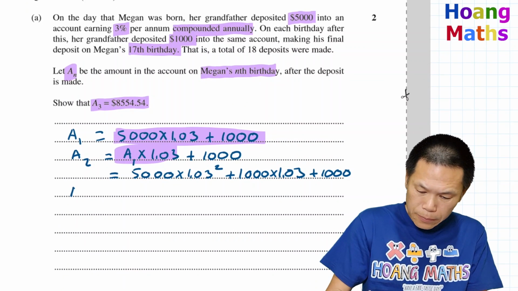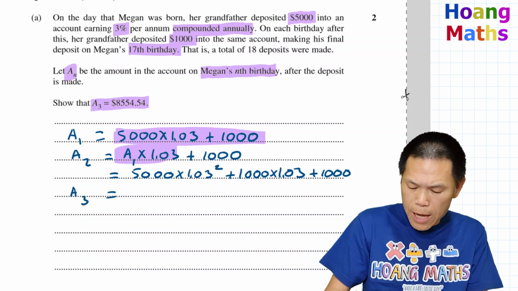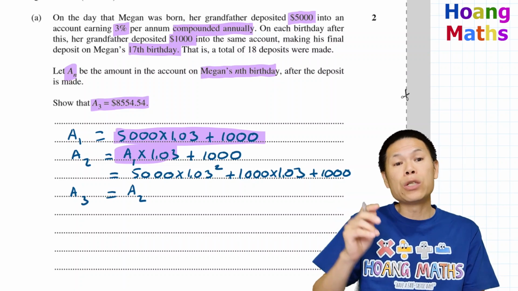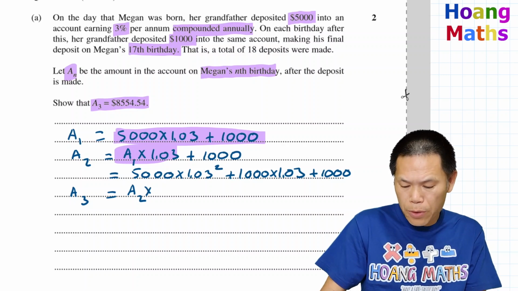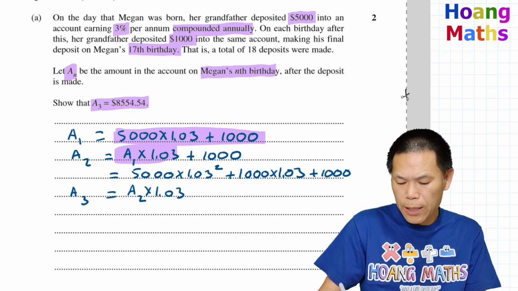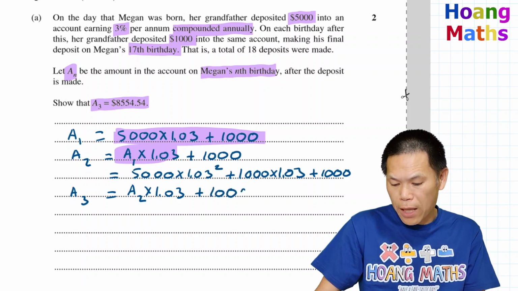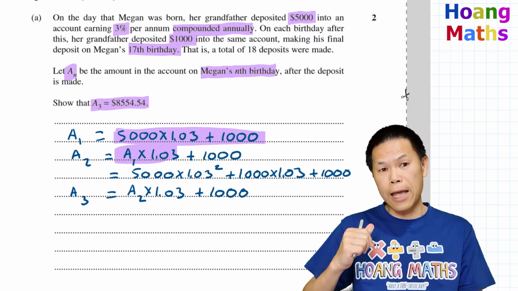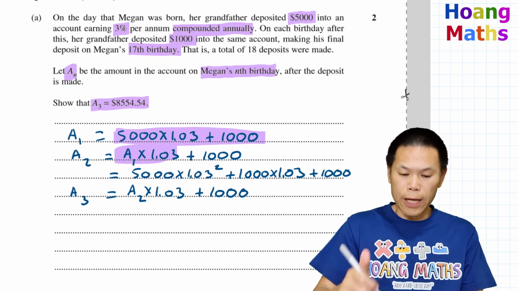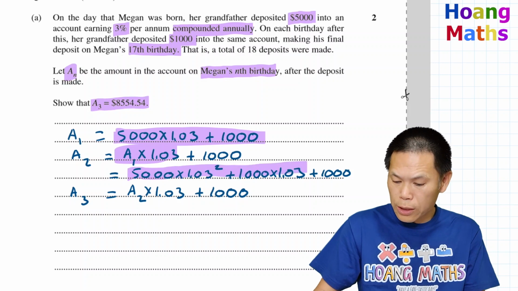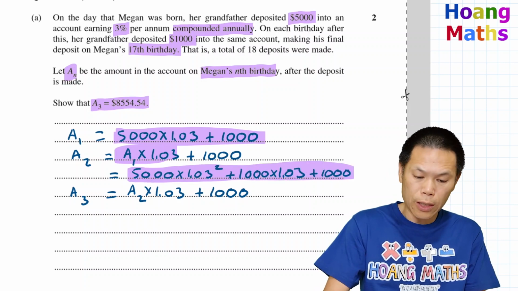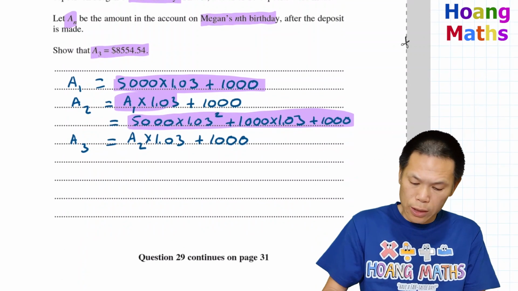Then we need to work out A3. A3 will be the A2 amount with the interest of 3%, so the final amount is times 1.03. And then we add 1,000 because her grandfather deposited another 1,000. So that's A2 times 1.03. Same process, so let me write this down.